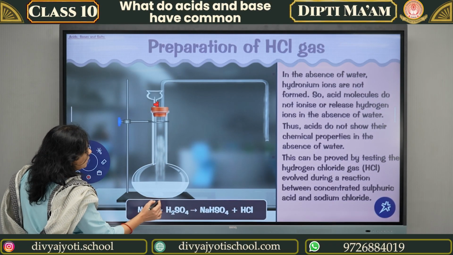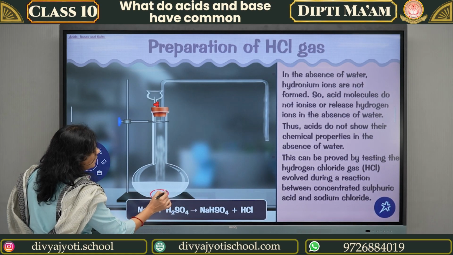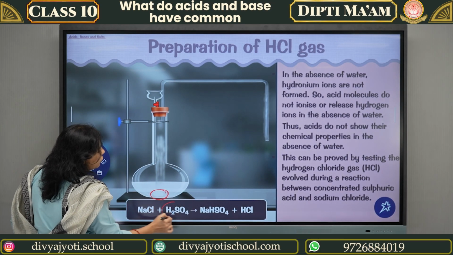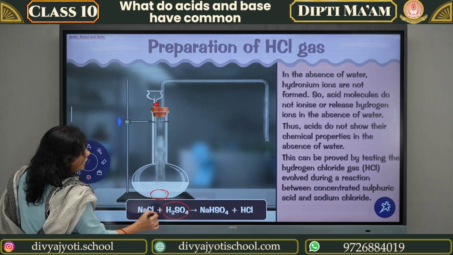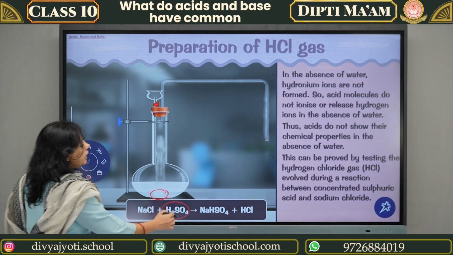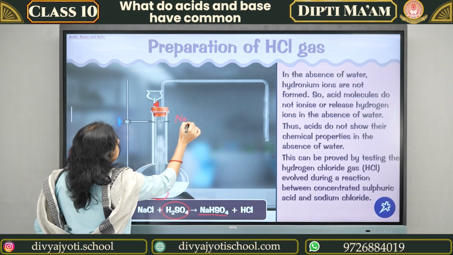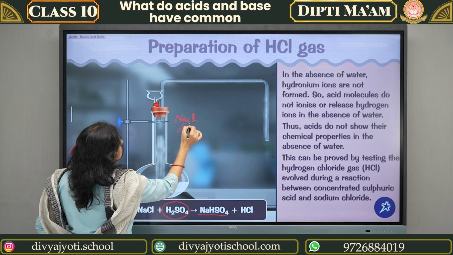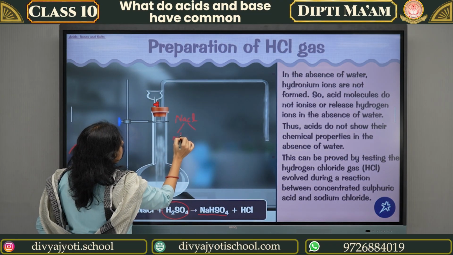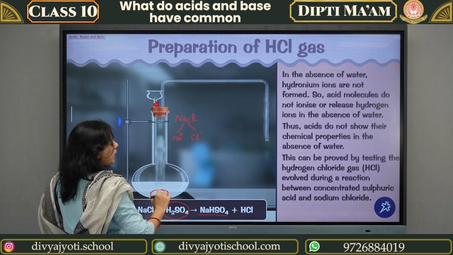Suppose in this activity, first of all I take the NaCl and add the H2SO4 to it. By reacting NaCl and H2SO4, it will form NaHSO4. The ionization of NaCl gives Na plus and Cl minus.